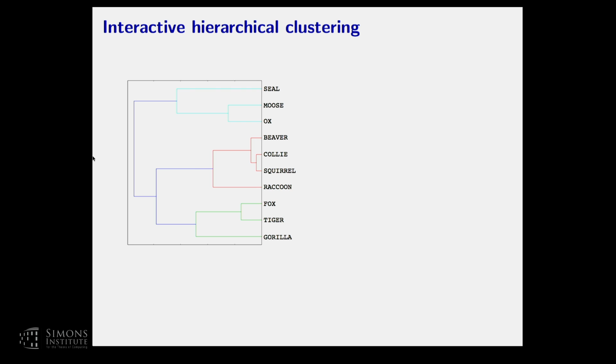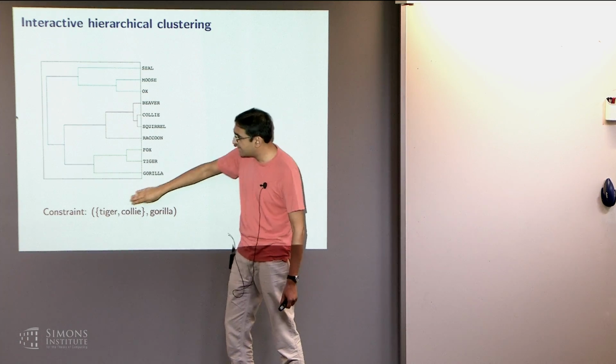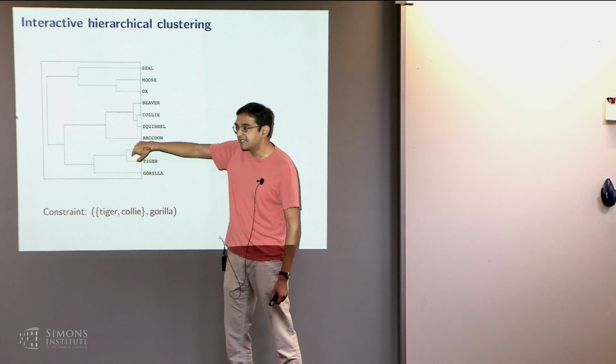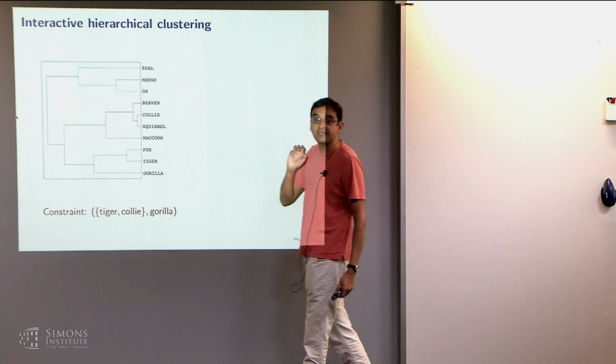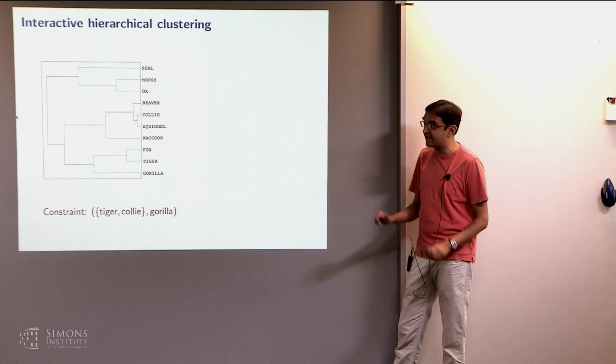For example, over here, although it seems fine, there are some problems. Here is one. It turns out that there should be a cluster that contains tiger and collie, but not gorilla. Maybe this makes sense to some of you. The tiger and collie should be together in some subtree that does not include gorilla. That's one of the things of the correct taxonomy.